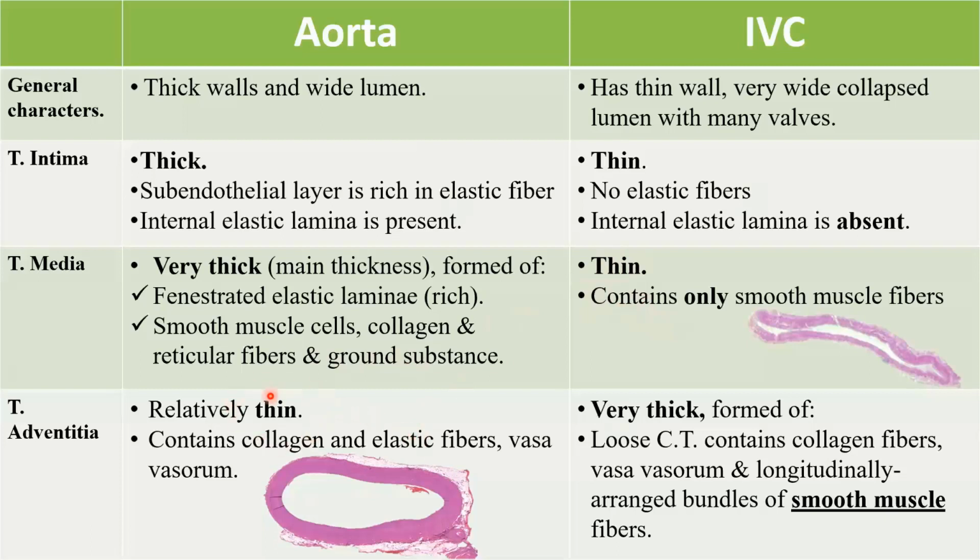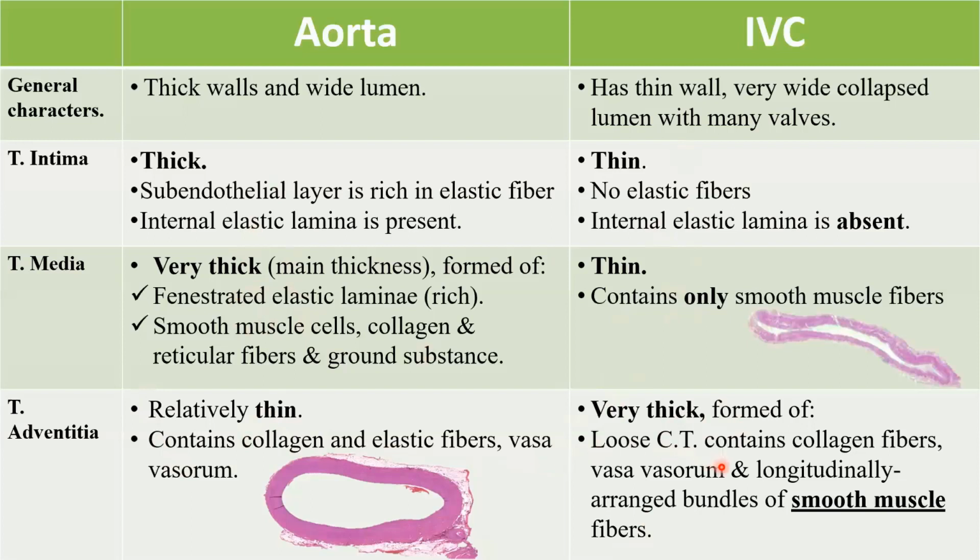As we mentioned, regarding its thickness, it is relatively thin in aorta compared with the other layers, and very thick in inferior vena cava compared with other layers. In aorta, it contains collagen and again elastic fibers, together with what we mentioned, the vasa vasora.